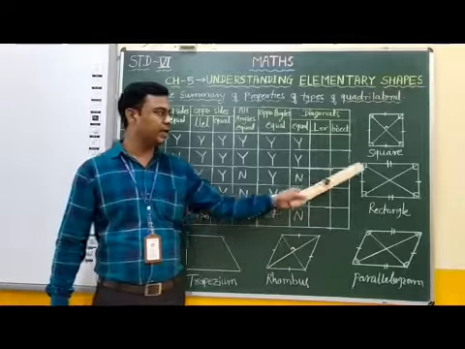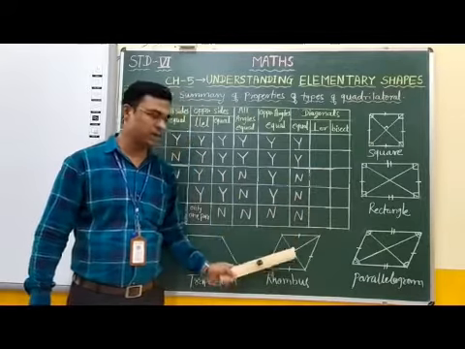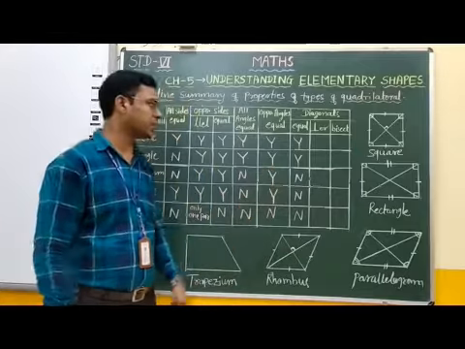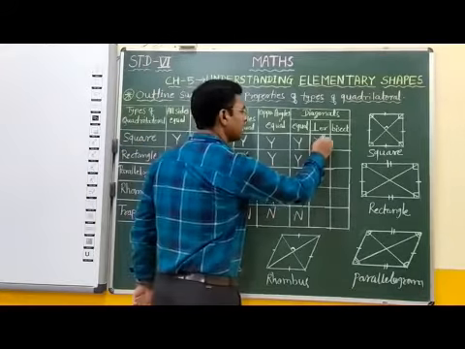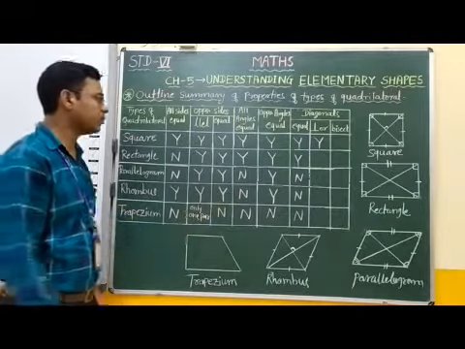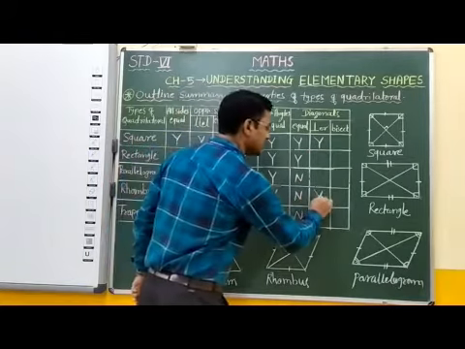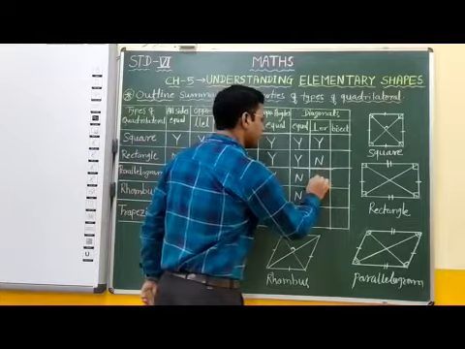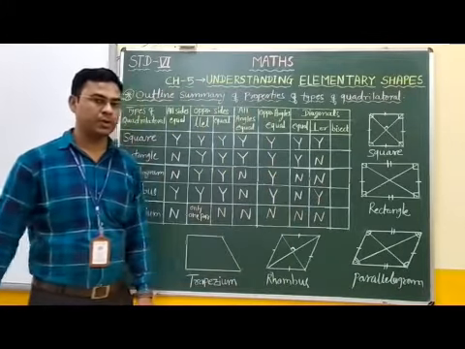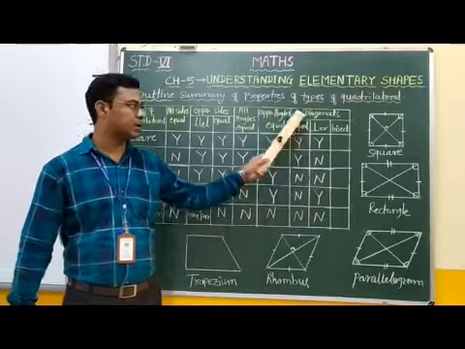Therefore, only in square and rhombus are diagonals perpendicular to each other. Therefore, for square we can write S, and for rhombus we can write S, and for the remaining types of quadrilateral we can write no.